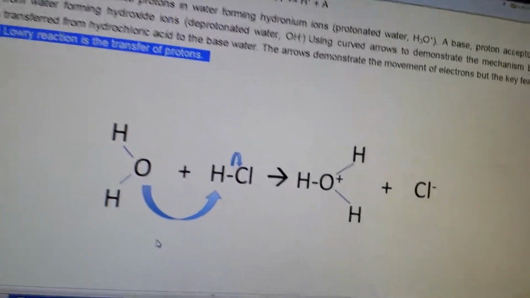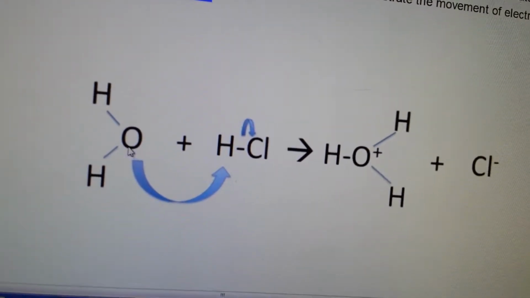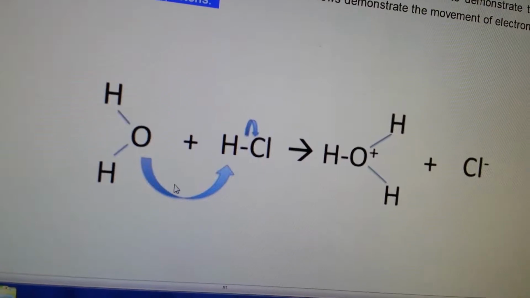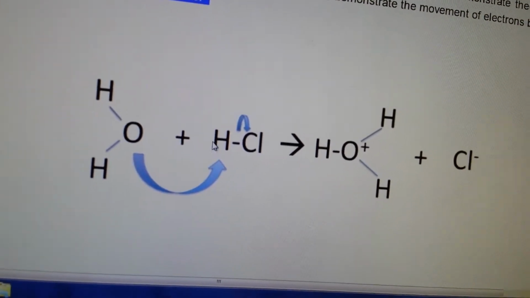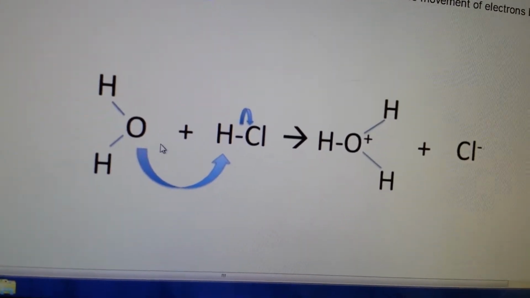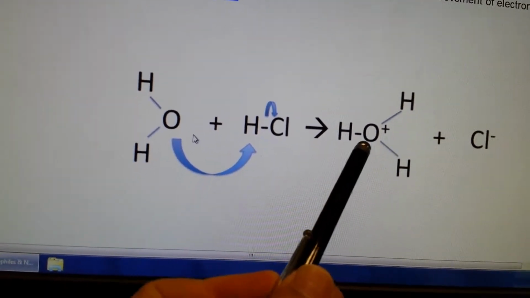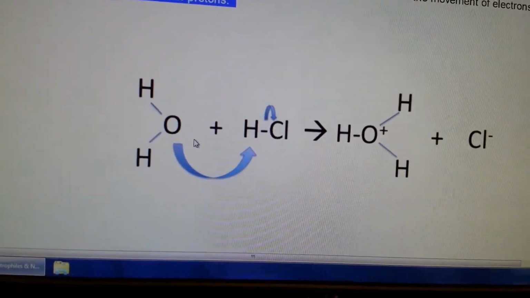What can you see here? This is water, and the oxygen is giving electrons to this proton and forming a bond with it. You can see the bond would be like this, an OH bond.